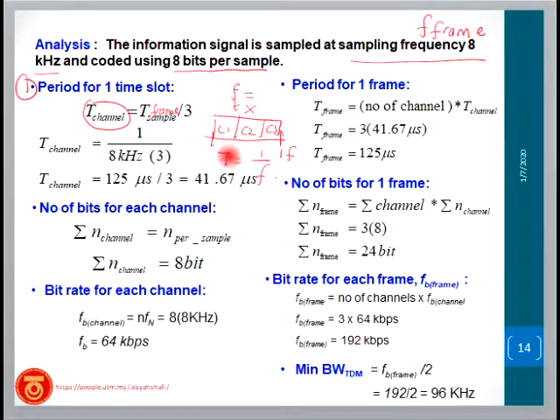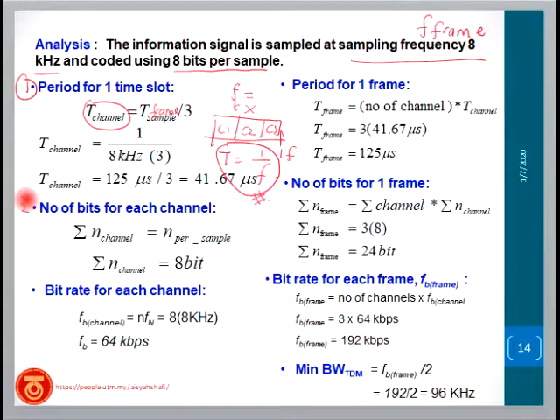The period for the frame is 1 over f, where f is 8 kilohertz. So 1 over 8 kilohertz over 3, and you will get the period for channel as 41.67 microseconds.